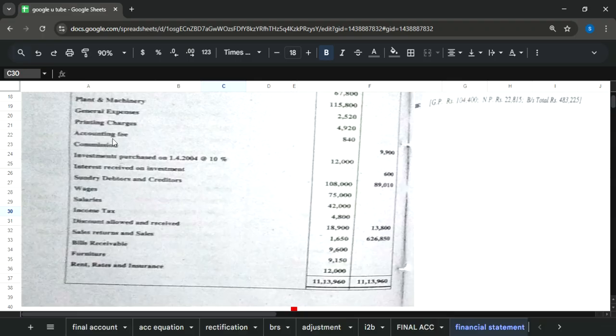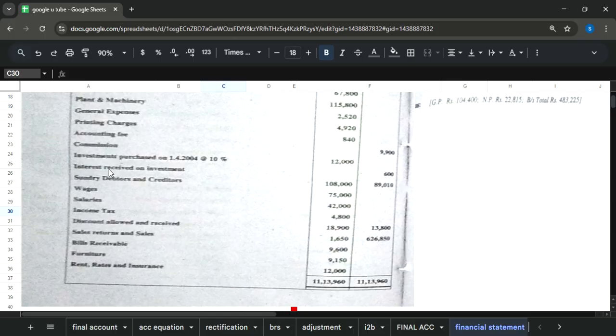Now accounting fee and commission entered, investment purchased. Look at here, 1/4/2004. You have purchased an investment of 12000. Now very important, interest has not been mentioned over here, but they are saying 10% interest. On the other side, look at here, interest received on investment is also present. So you must be very much attentive.